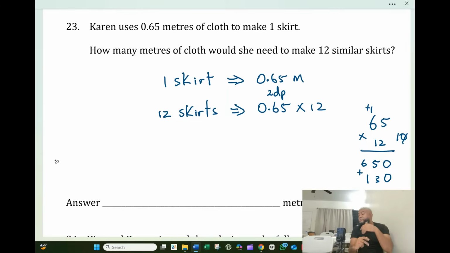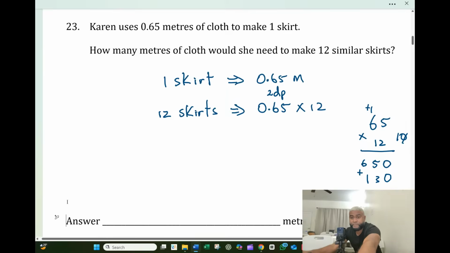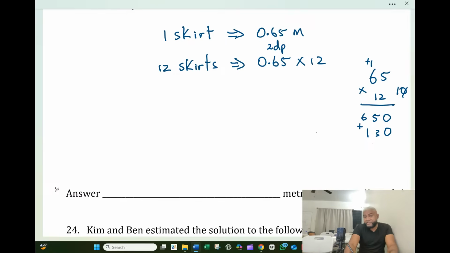So when we do this multiplication, we have to add these two numbers, right? 650 plus 130 will give me what, my children? 0. 5 plus 3 is? 6 plus 1 is? So this here would be 780. But we have two decimal places we need to put back, right? We write it in red.